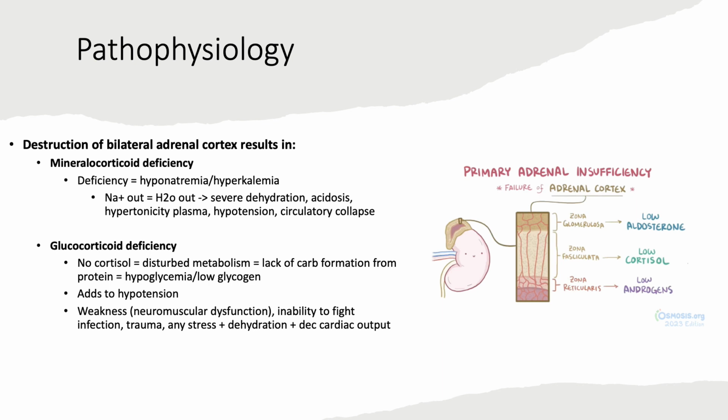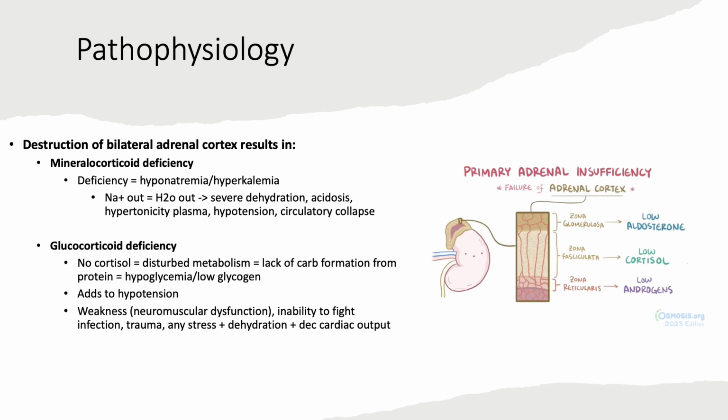In addition, where sodium goes, so does water. So this can result in dehydration, whether it's chronic or acute. And then we talked about the pH balance. So now we also have disturbances in our bicarb, and we become acidemic. In addition, because we have our glucocorticoid deficiency, this is going to contribute to our hypotension and causes severe insulin sensitivity and disturbances in all of our carb, fat, and protein metabolism.